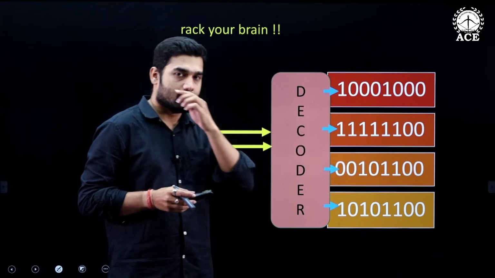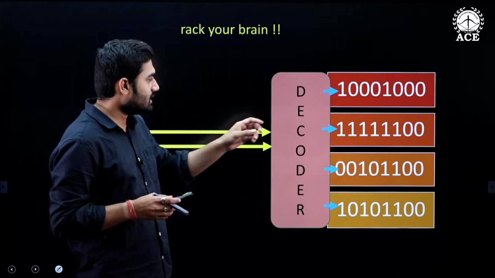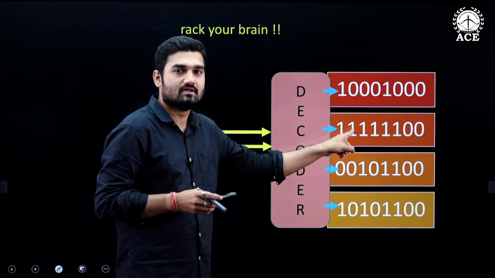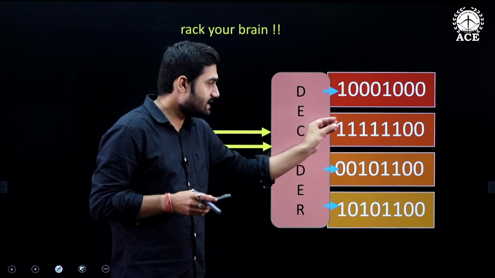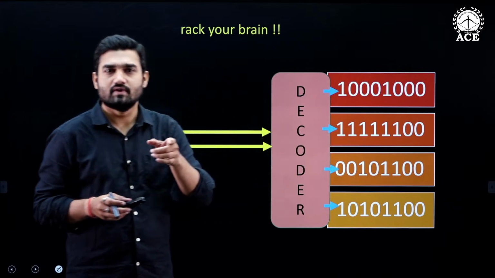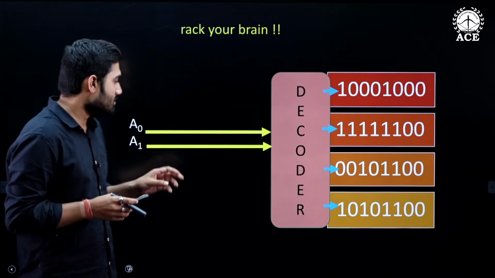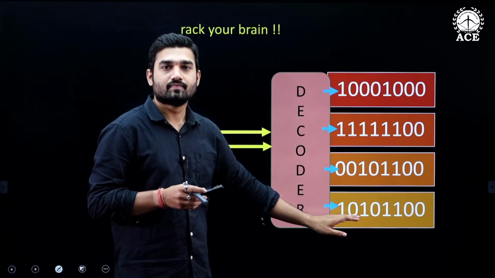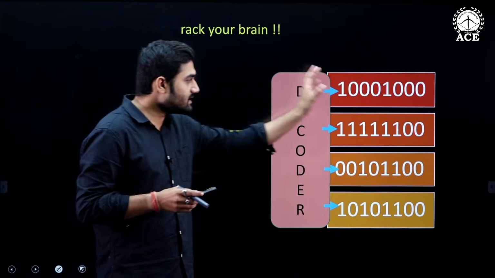Now, I need to access these locations. So with the help of the decoder, I can access. Because we know in a decoder, by providing your input, you will get one of the outputs.